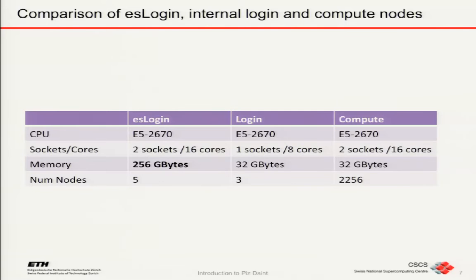There are other differences that you would notice if you're on an internal versus an external login node. The internal login nodes, because they have some extra space for some PCI Express equipment so they can see the outside world, actually only have one Sandy Bridge processor. They also have much less memory.